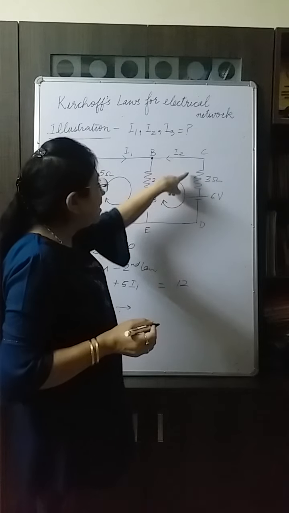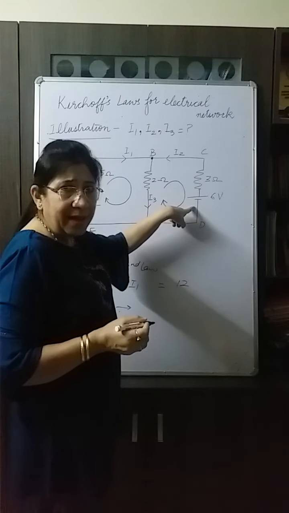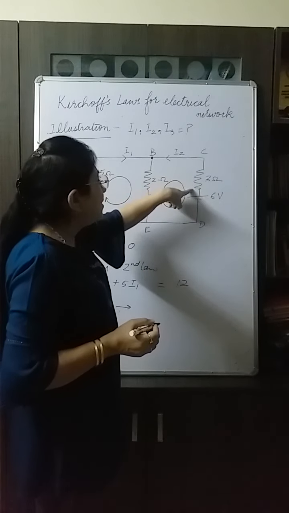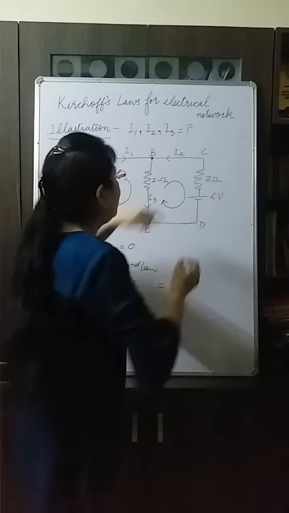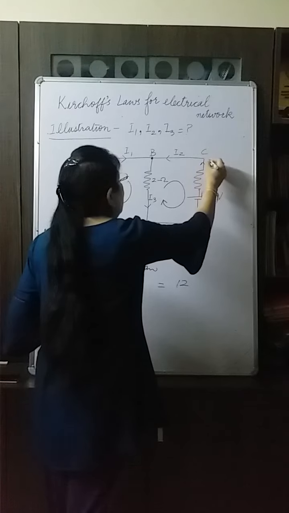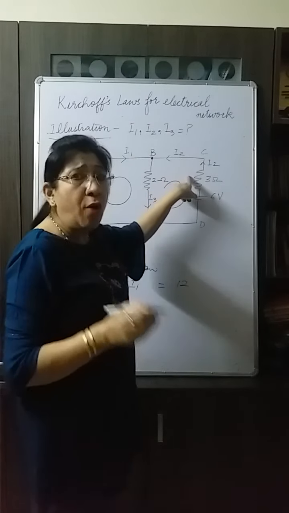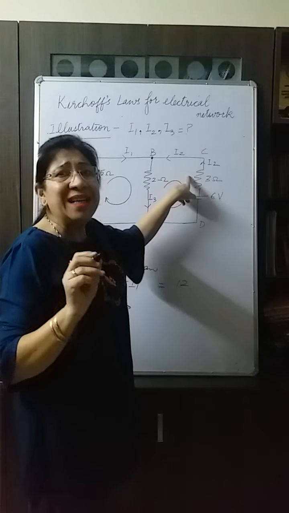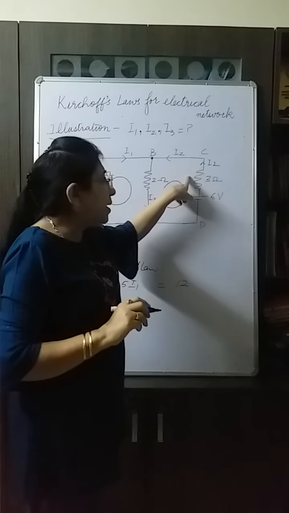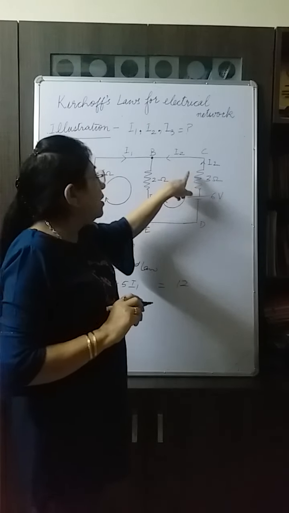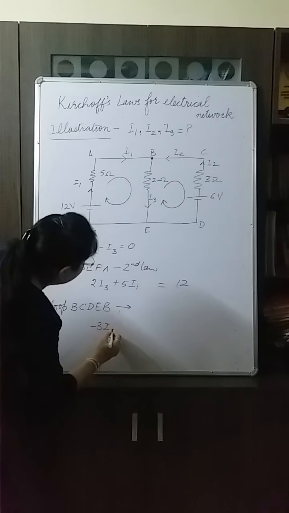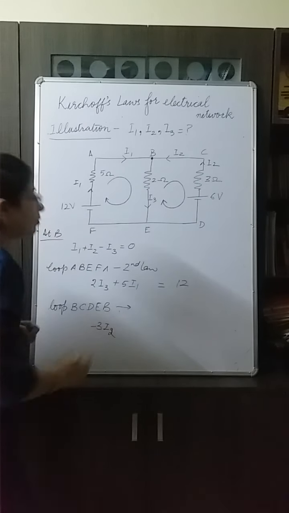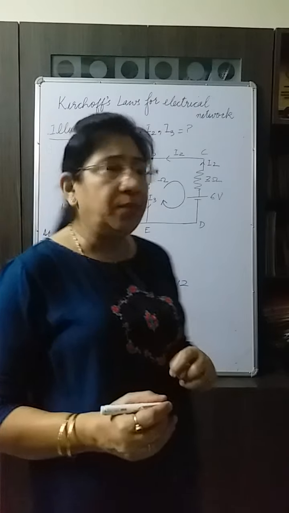CD has a resistor and a cell. At the 3 ohm resistor, the current I2 is in the direction opposite to our chosen direction of traversal, so IR will be negative. So we will have minus 3 I2.